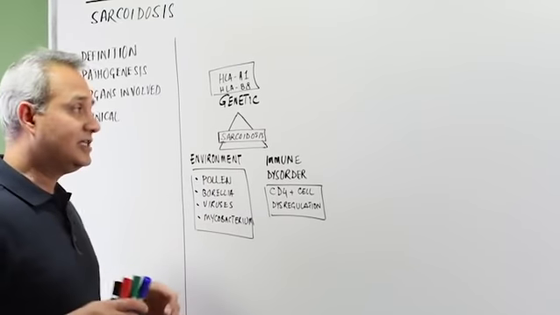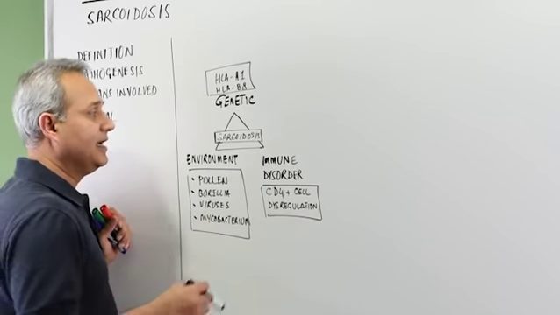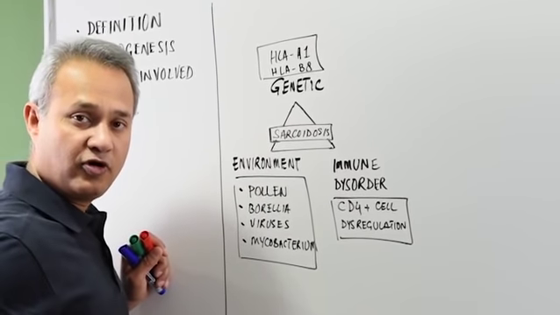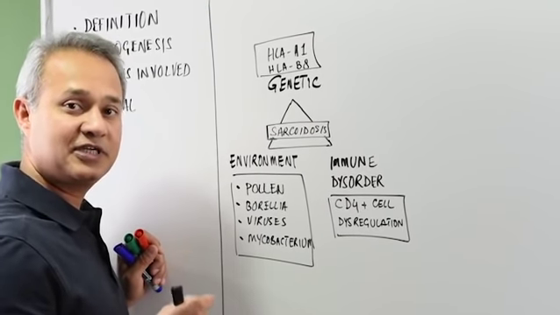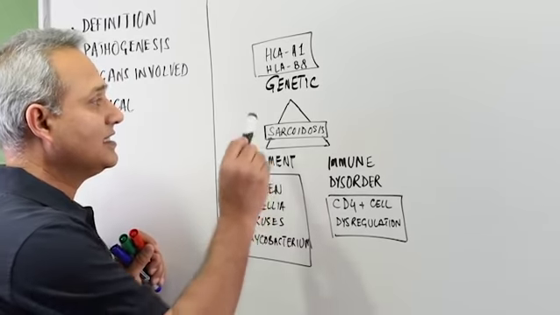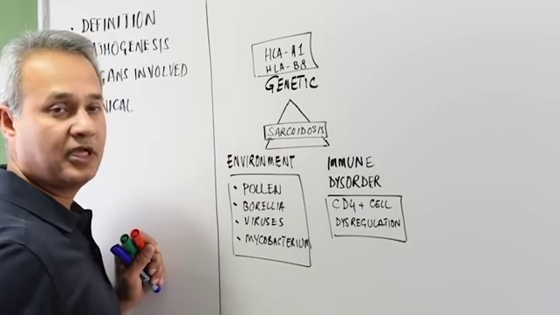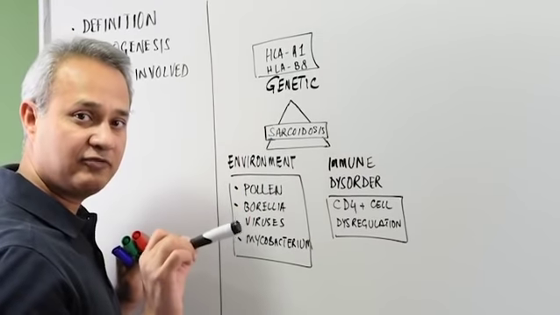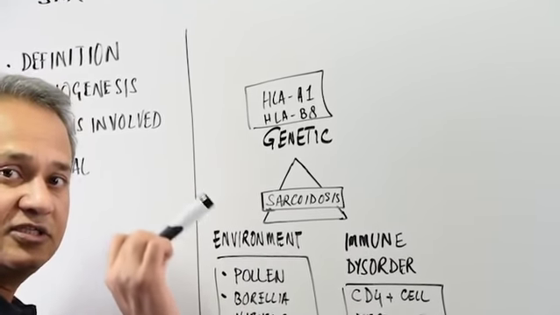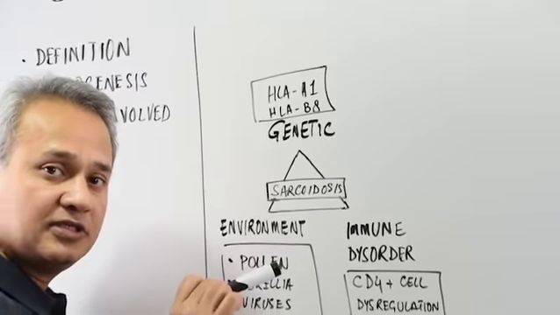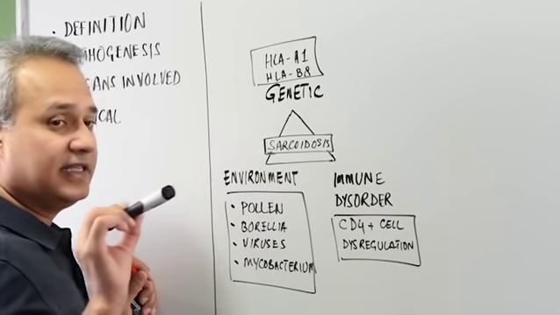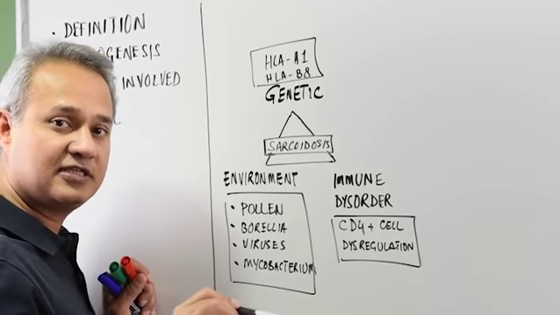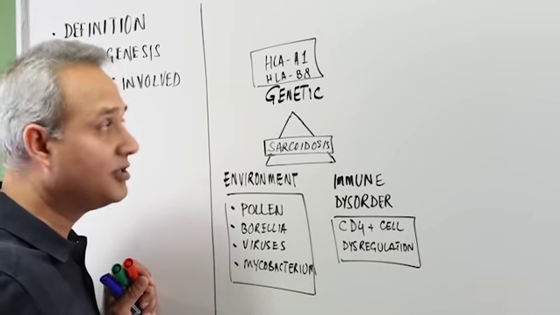Again, we do not know the etiology, but we think that there are three basic problems precipitating sarcoidosis. There is a genetic predisposition in which HLA-A1 and HLA-B8 are prevalent in persons with those genetic makeups. Then African Americans have 10 times more incidence of sarcoidosis in America.